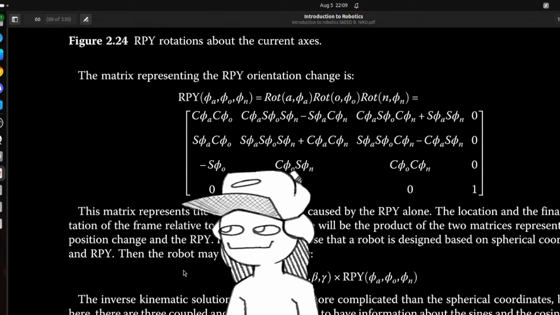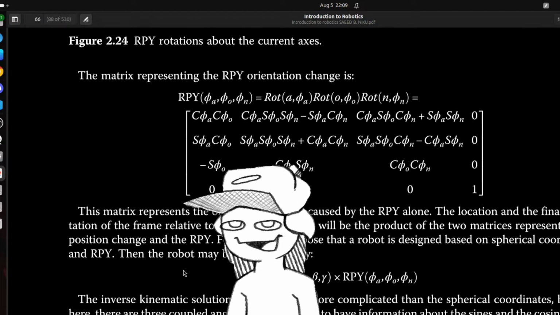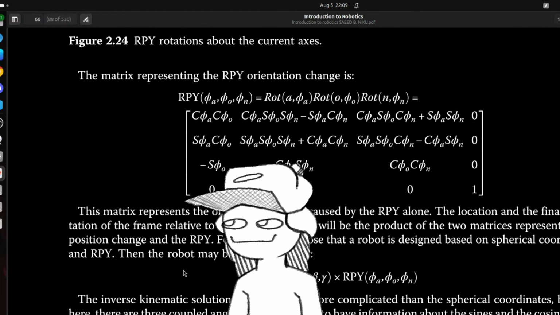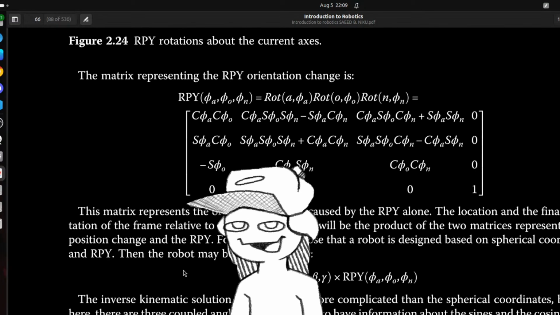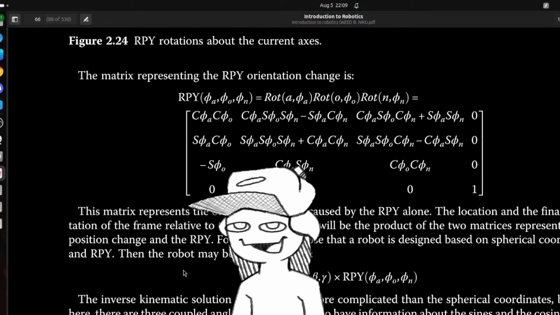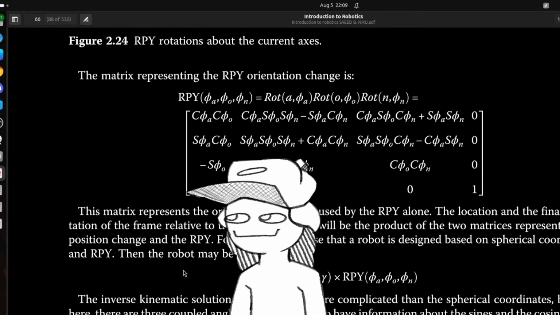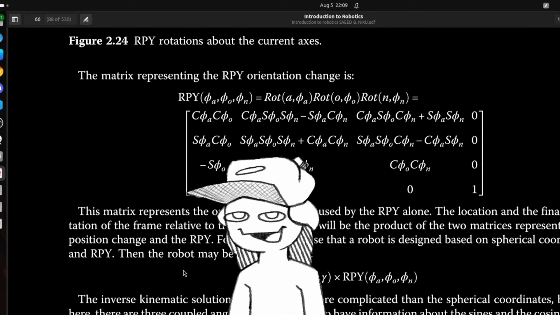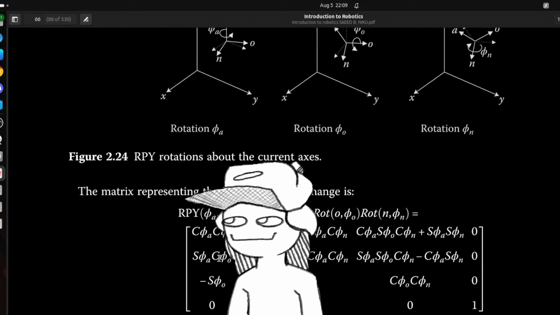I got to know that in our university we have a robotics minor, and it just started a few days ago. The first thing the people were taught was, I think, degrees of freedom and the basic transformation of matrices.